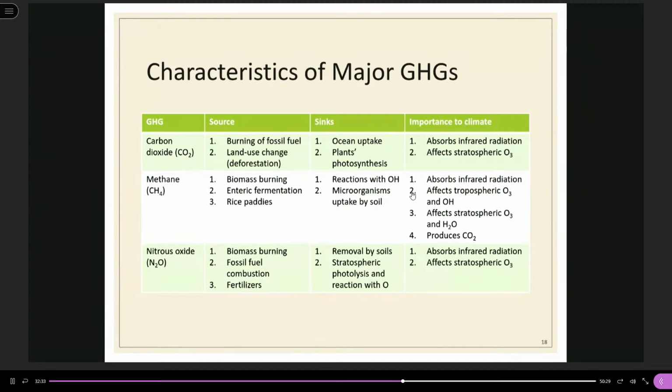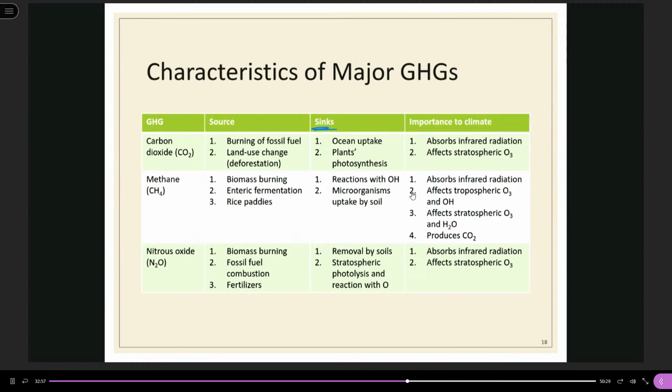Okay, the three main contributors to the greenhouse effect would be carbon dioxide, methane, and nitrous oxide. This table summarizes the source and the sink. The sink is how we can store up these greenhouse gases.